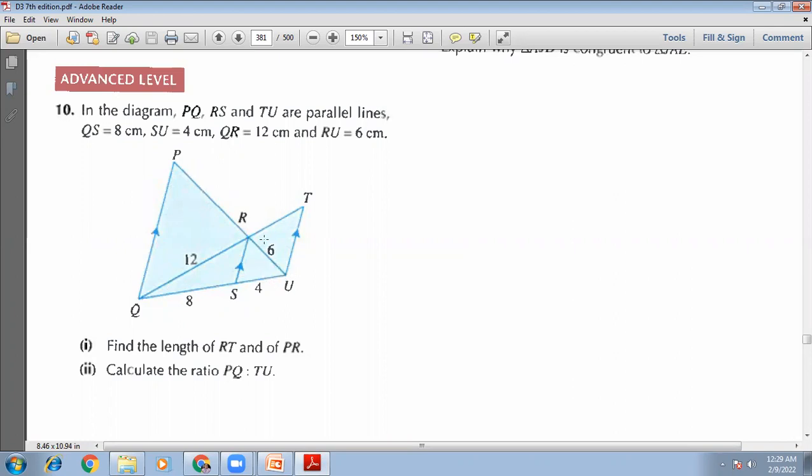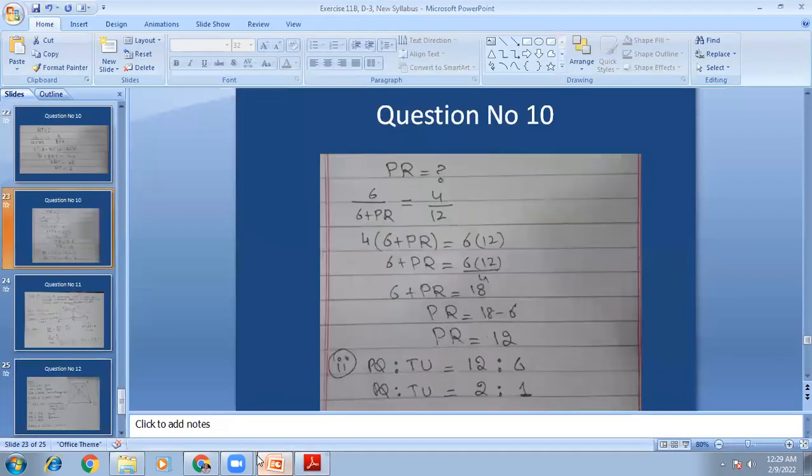So here, the small triangle, this side is 6 divided by PR plus 6, this big side, equals 4 divided by 8 plus 4, 12. So we are talking about the RSU triangle and the PQU triangle. So they are similar to each other. So I can take the ratio of their sides and I can find the PR. Hopefully you understand. Let me show you how this is written.